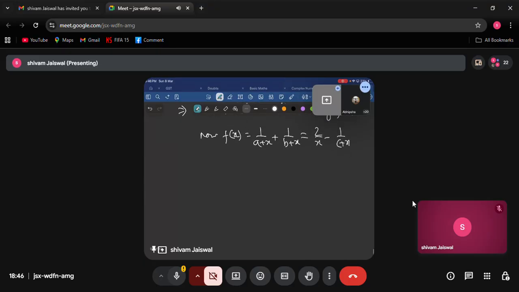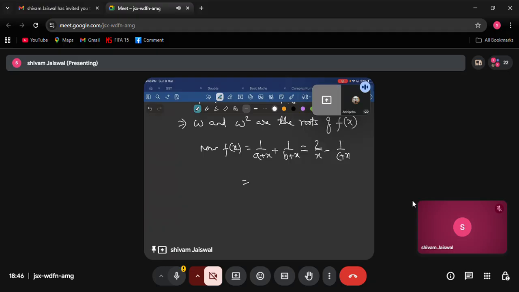After this, let us simplify. Denominator would be ab plus a plus b whole x plus x square. Numerator would be a plus b plus 2x. This will be equal to x into c plus x. Numerator would be 2c plus 2x minus x, that is x.